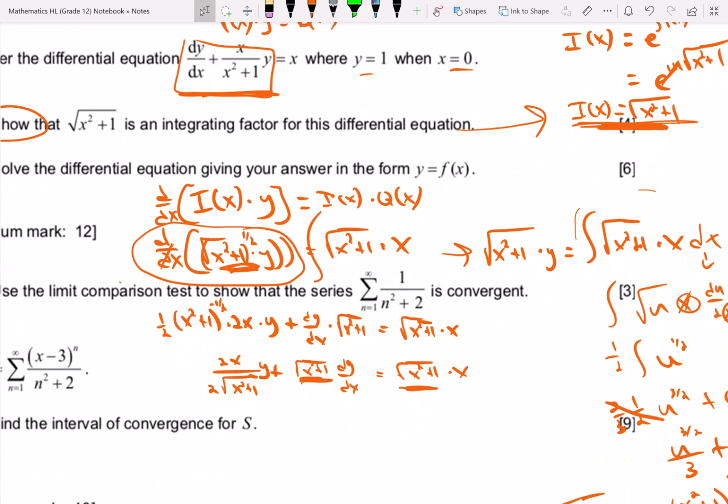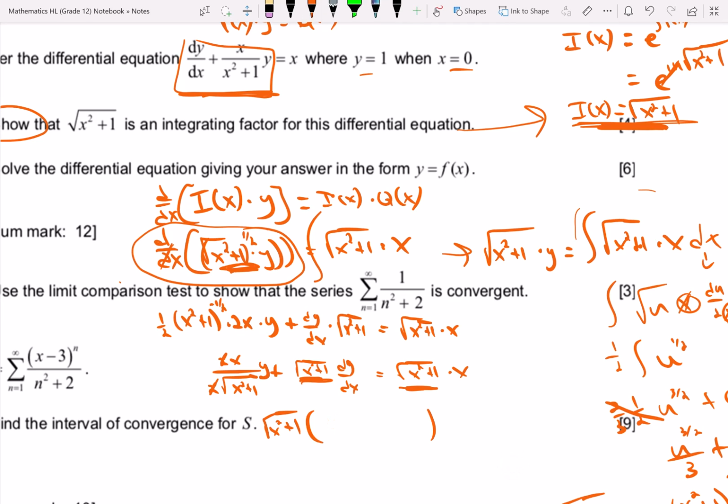So in order to do that, these 2's can cancel, right? Okay, so we could factor out a square root of x squared plus 1, right? So we're going to write square root of x squared plus 1, and then think about, and we're just doing this left-hand side, what would be left in here if I factor out a square root of x squared plus 1?